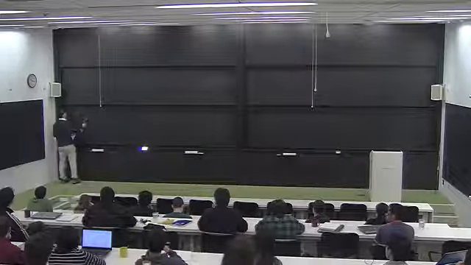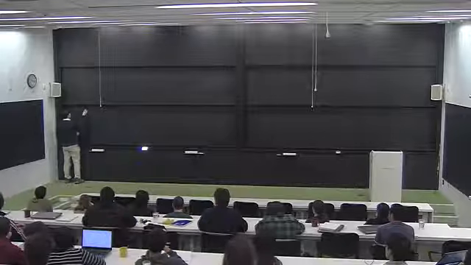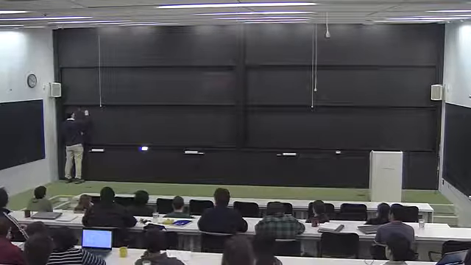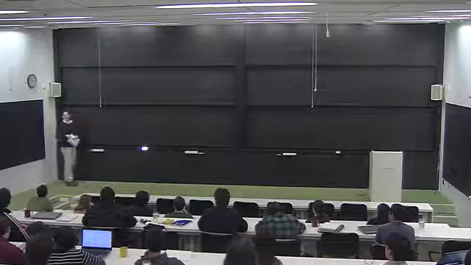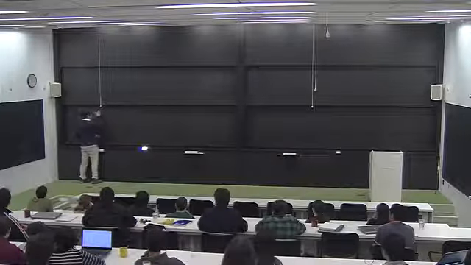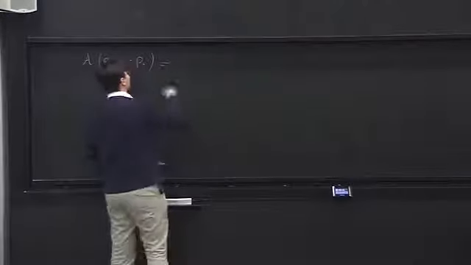You want to compute some amplitude, something like a scattering amplitude, a bunch of particles coming in and going out. And you do it in perturbation theory, by summing over Feynman diagrams, loop by loop.